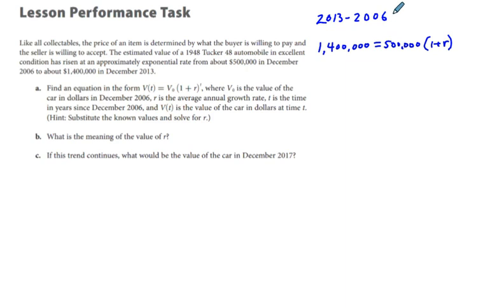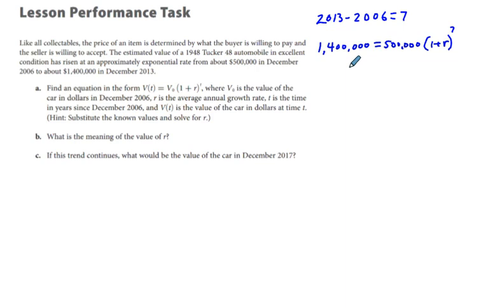That's going to be our value t, which is going to be 7. So 7 goes in the place of t here. So now we can go about solving. Now we're just going to solve for r, and we're going to have our answers. We'll find an equation, substitute, and solve.